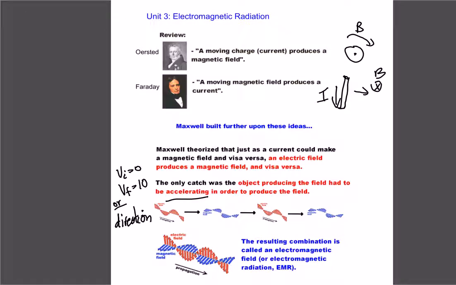That's what's creating our electric and magnetic fields. Because they're connected to each other, we're going to keep them tied together, so we call it EMR, electromagnetic radiation. Radiation just means they're going to go outwards from the source, and EM combines the electricity and the magnetism.